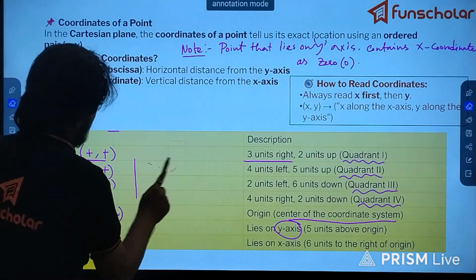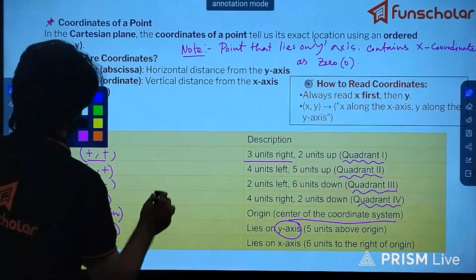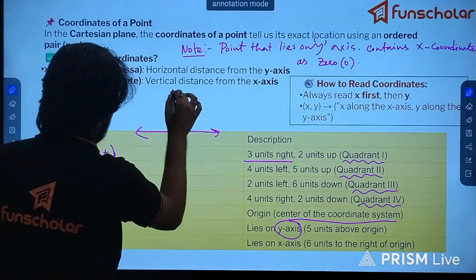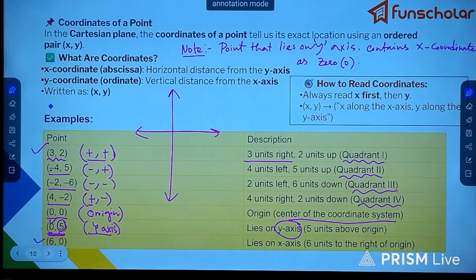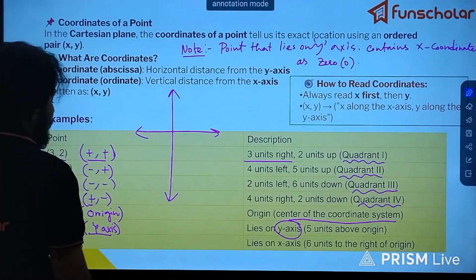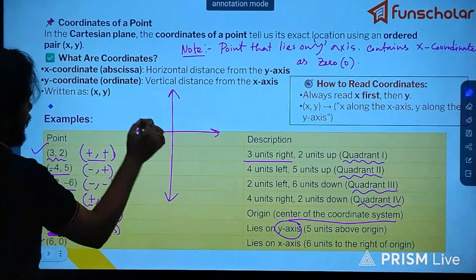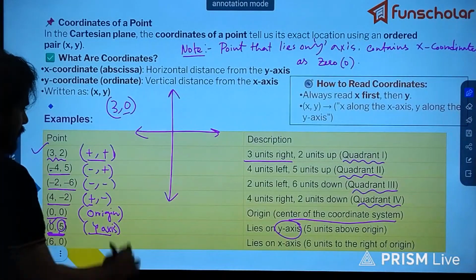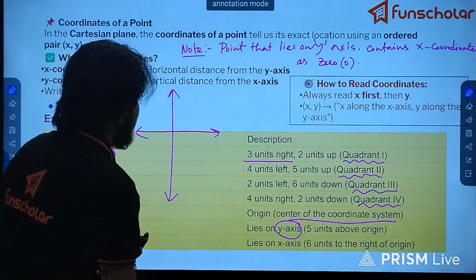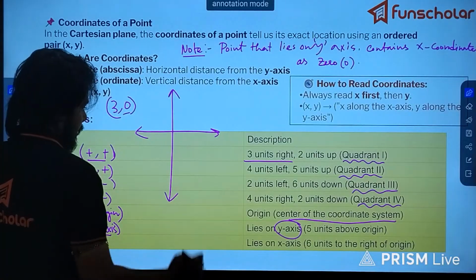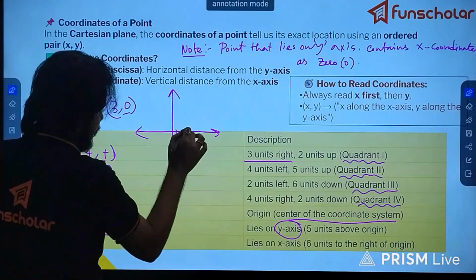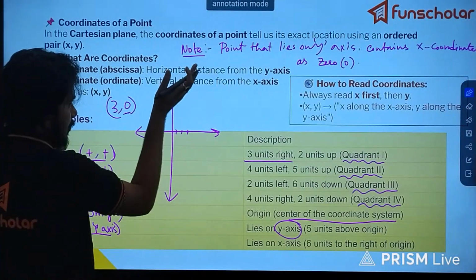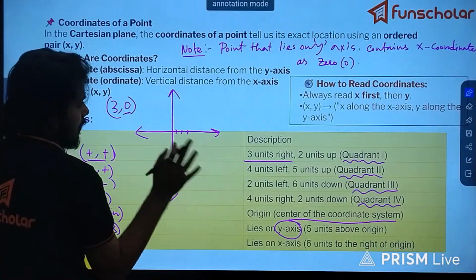Okay, now suppose I am asking you to plot 3, 0. Then what will be your response? You will say 3, 1, 2, 3, this is 3, and 0. 0 means we will not go up or down.